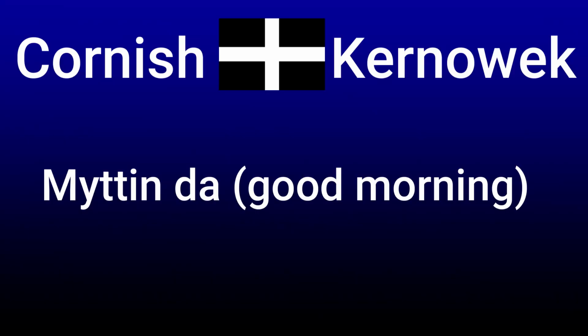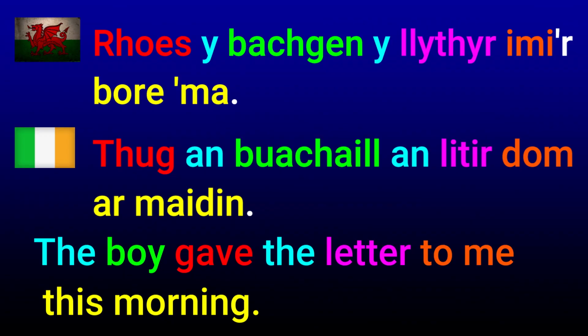Now, I'm not entirely sure, but this maidin probably comes from the same root as the Cornish, myttyn da, good morning. And that means, in my mind, that it probably comes from Saxon. That's interesting that Irish and Cornish both took that. But literally, he gave the letter to me on the morning, rather than the morning here, as in Welsh.